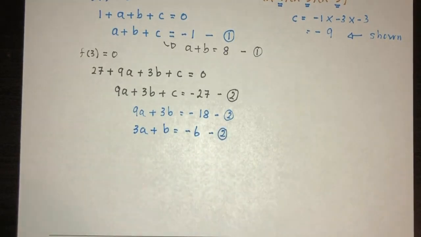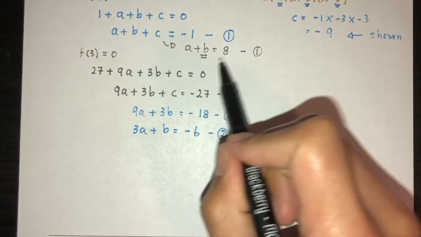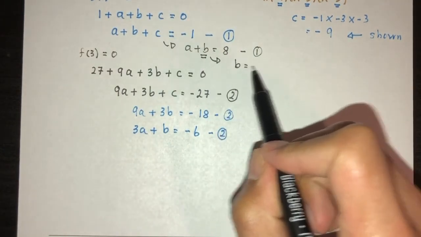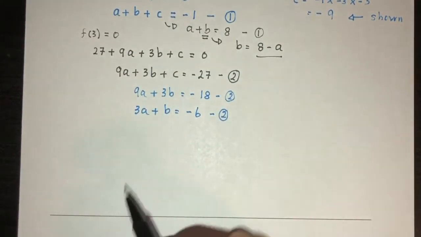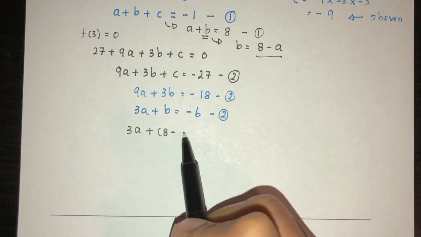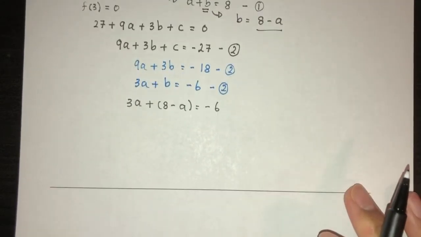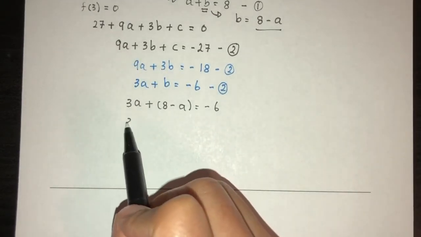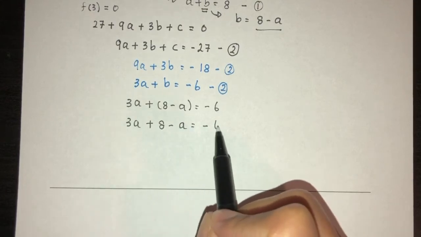Okay, so we just have to solve simultaneously now. Here we can make b become the subject. So b is equal to 8 minus a. Placed back in this equation, you will have 3a plus b, which is 8 minus a, is equal to minus 6. Now let's find the value of a. So 3a plus 8 minus a is equal to minus 6.